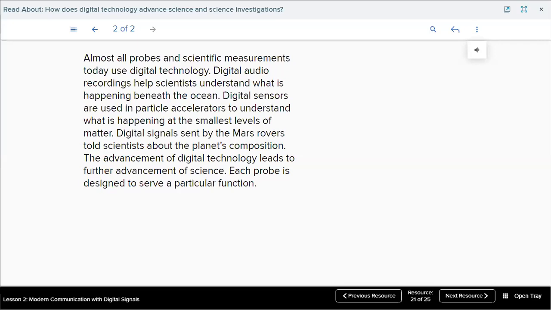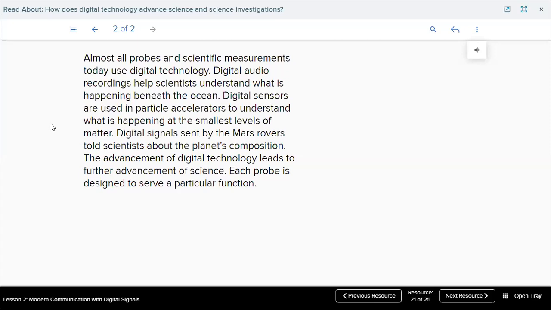Yes, okay, thanks, Muhammad. So almost all probes and scientific measurements today use digital technology. Digital audio recording helps scientists, for example, to understand what's happening beneath the ocean. Digital sensors are also used in particle accelerators to understand what happens at the smallest levels of matter.